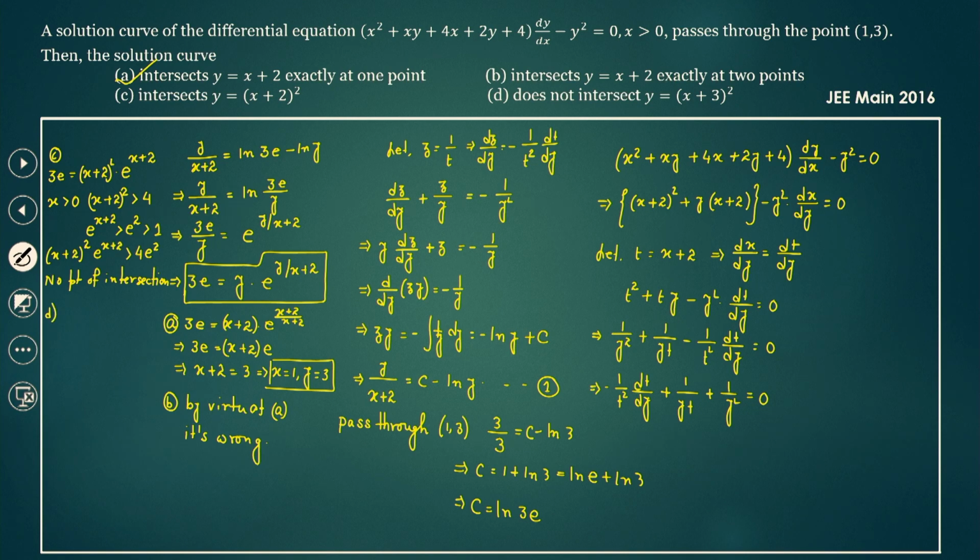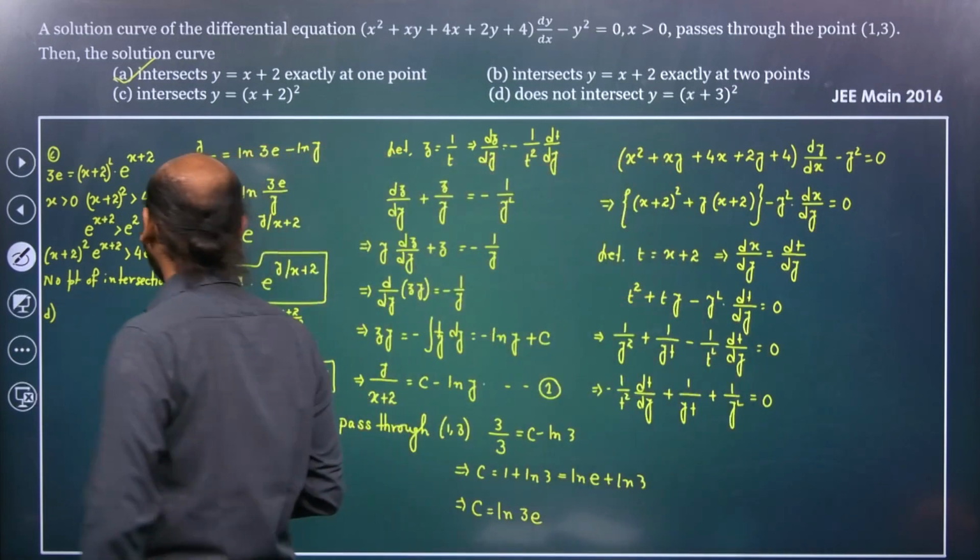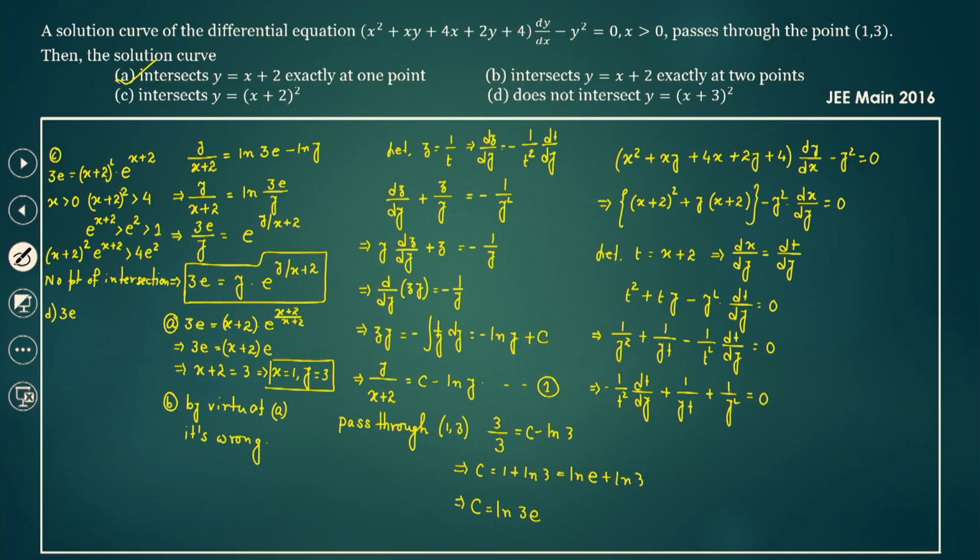Now let's see option D. Option D says it is (x plus 3) whole square. So let's substitute it again and test it in a similar way. So 3 is equal to (x plus 3) whole square times e to the power (x plus 3) whole square divided by (x plus 2). Now see that here also x is given greater than 0. That means (x plus 3) whole square is greater than 9 and e to the power (x plus 3) whole square divided by (x plus 2) is greater than e to the power 9/2, right?